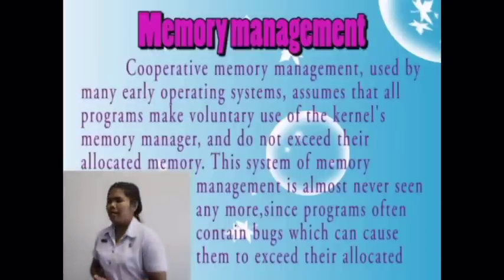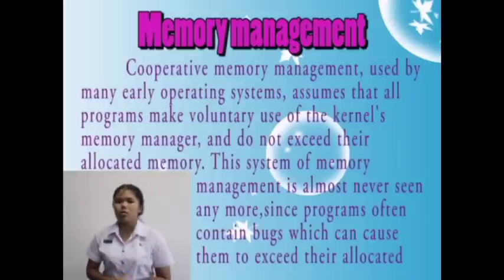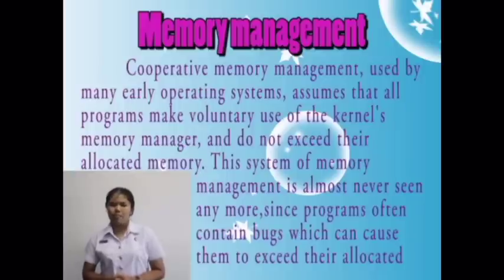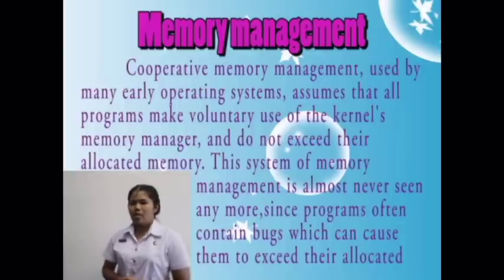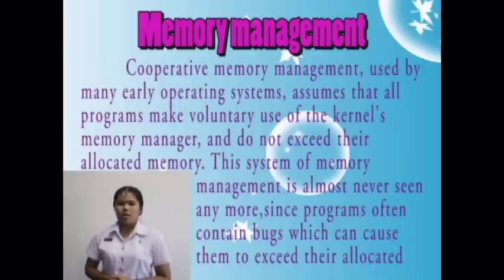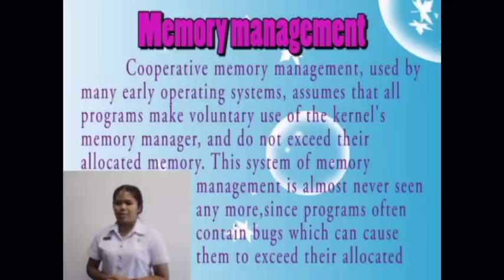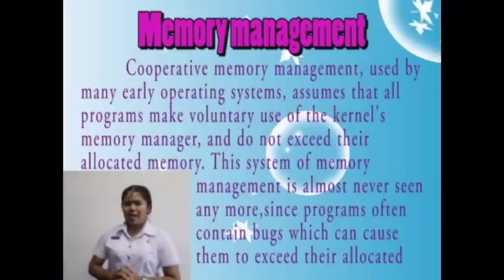Memory management. Cooperative memory management, used by many early operating systems, assumes that all programs make voluntary use of the kernel's memory manager and do not exceed their allocated memory.